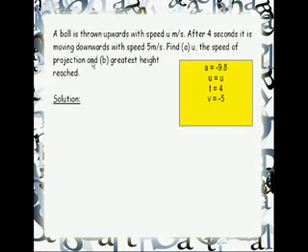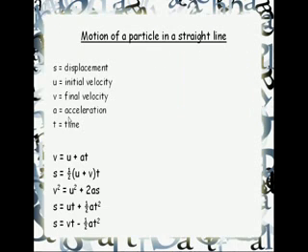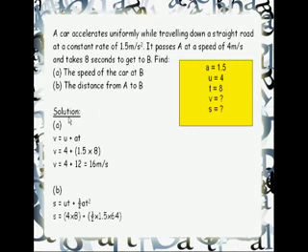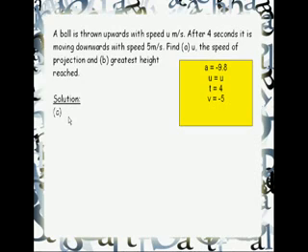Okay, the formula connecting those is going to be simply V equals U plus AT. So minus 5 equals U plus A, minus 9.8, times T, 4.